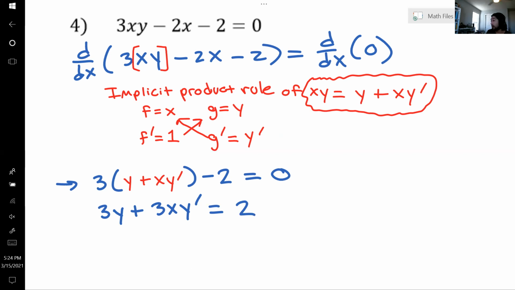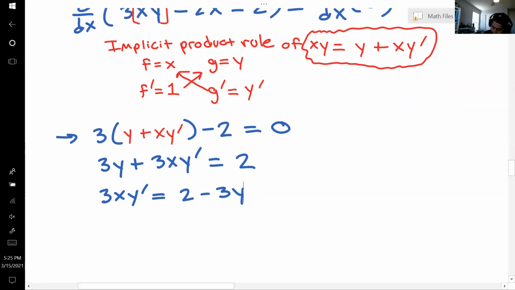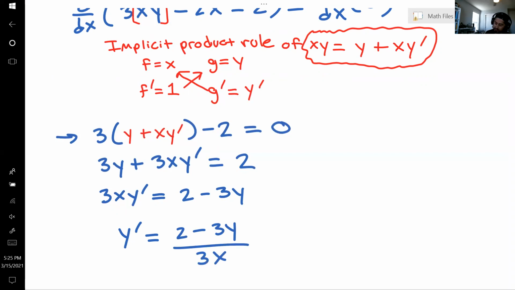Move the 3y over to the right side, and you'll have 3x y prime equal to 2 minus 3y. Then just divide by 3x, and y prime is going to be 2 minus 3y over 3x. There it is.